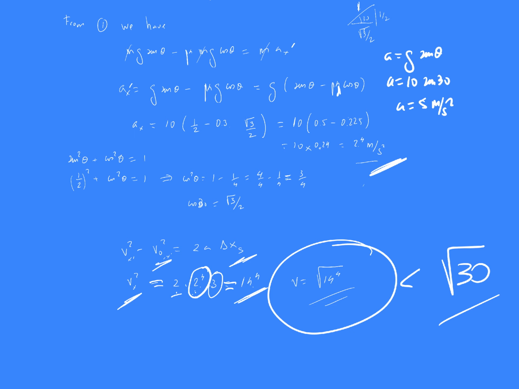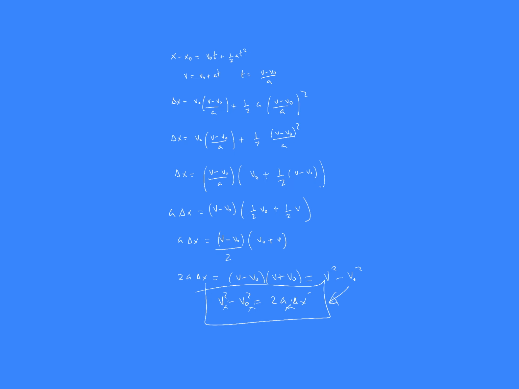Okay, and just to review, this was using the equation of motion for constant acceleration for displacement, delta x. x minus x0 is the total displacement. And using the equation for velocity of a motion of constant acceleration, v equals v0 plus a t, solving for t on this equation, and plugging this t here and here, at the end we obtain this equation, v squared minus v0 squared equals 2 times a x times delta x.